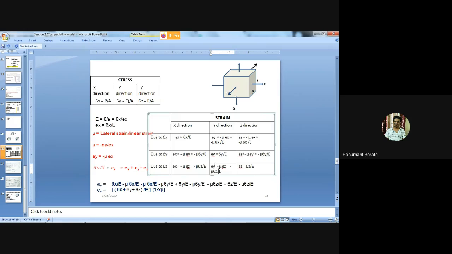Now, we need to calculate the total strain. So for the total strain in the x direction, we need to do the summation of strain in the x direction, the summation of strain in the y direction, and the summation of strain in the z direction, because simultaneously we are applying three forces. We are applying P force in the x direction, Q force in the y direction, and R force in the z direction.